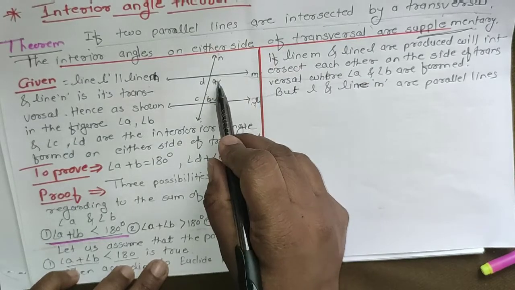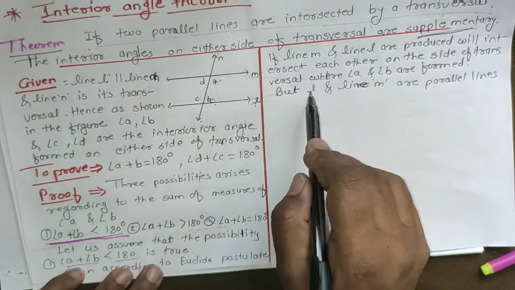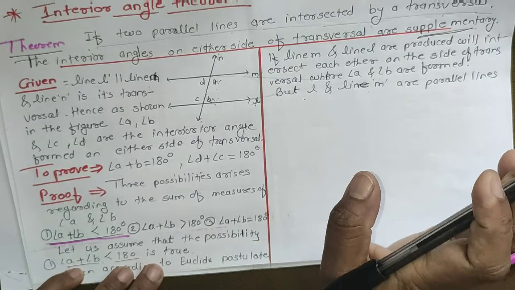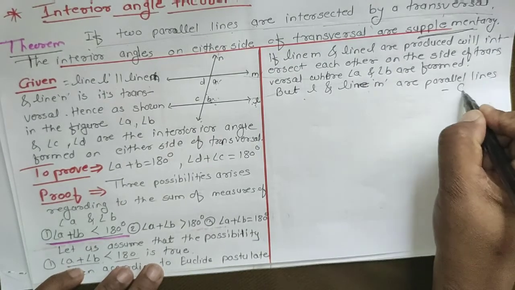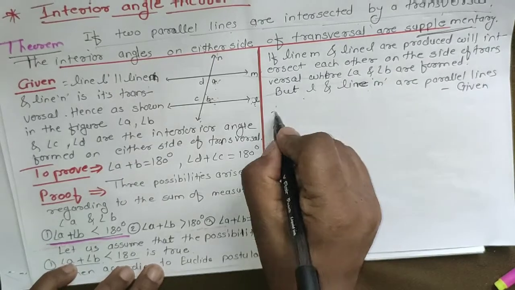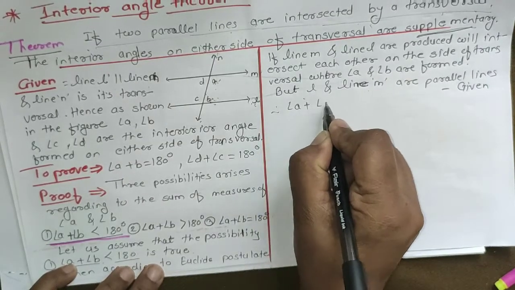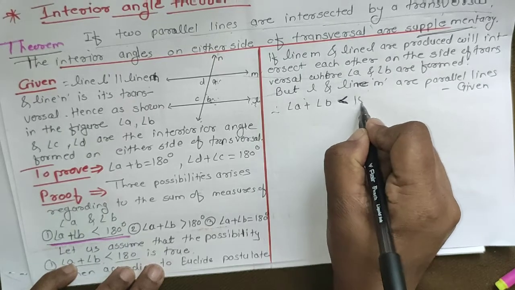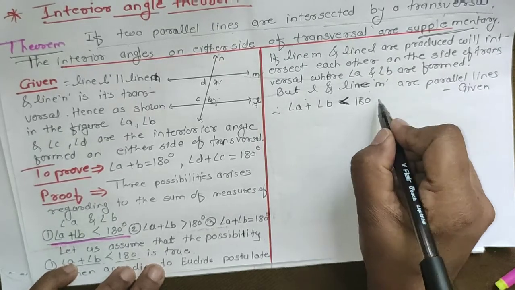So if we add this and it becomes less, then they intersect each other. But in the given, they gave parallel lines. So these two statements are contradictory. So therefore write, angle A plus angle B is less than 180 is impossible.